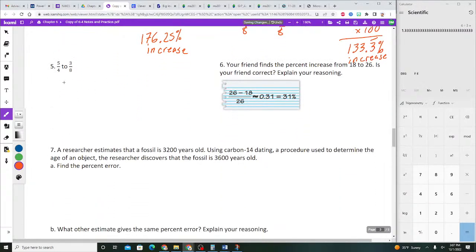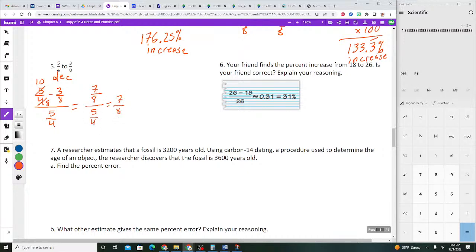Number 5, going from 5/4 to 3/8. Well, hopefully you realize that 5/4 is improper, and because that's improper, it's got to be bigger than 3/8. So we're going to be doing a decrease then. 5/4 minus 3/8 divided by 5/4. We need a common denominator of 8 here, so that becomes a 10 on top. So this becomes 7/8 over 5/4.